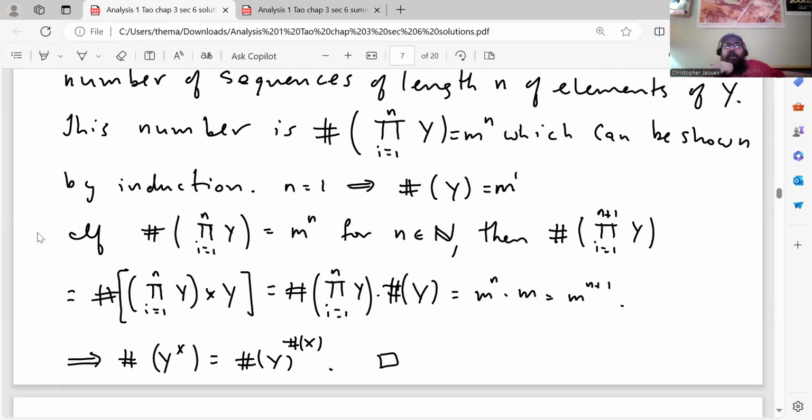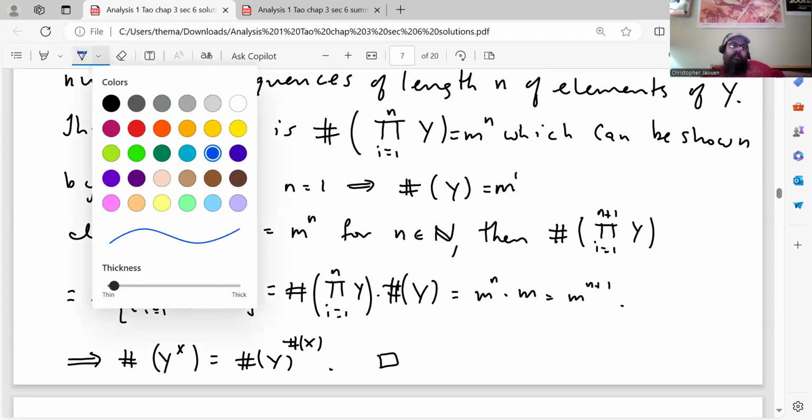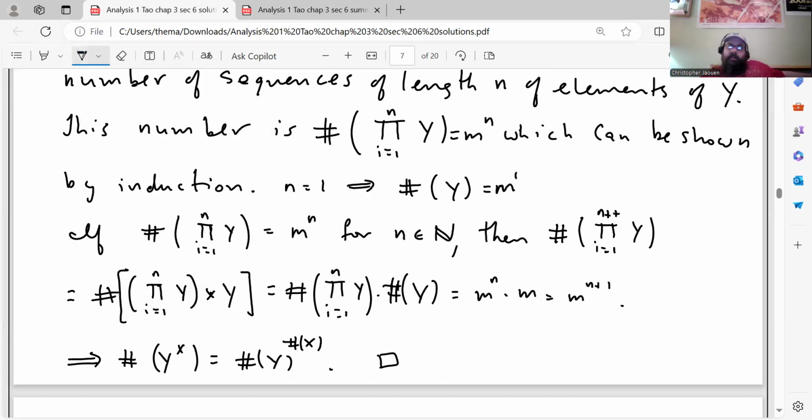Because it's just the cardinality of Y. If the cardinality of the Cartesian product of Y with itself n times is m to the n, then the cardinality of the Cartesian product of Y with itself n plus plus times, or the successor of n, or here I called it n plus 1, but what I mean here is the successor, right? You can call it n plus 1, it doesn't really make that much of a difference.